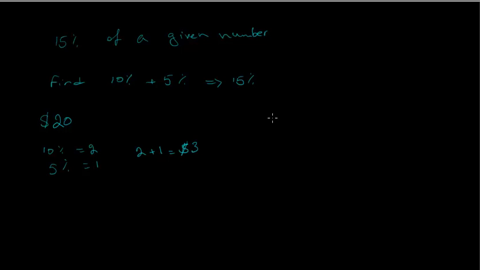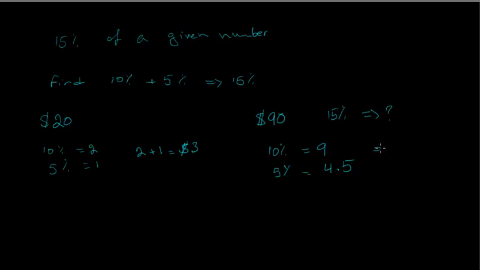Let's say we have a jacket marked $90 in the store, and you are interested to calculate how much it would be 15% of that. 10% of $90 equals $9. 5% of that equals half of $9, which is 4.5, right?